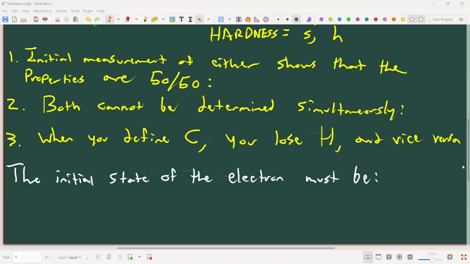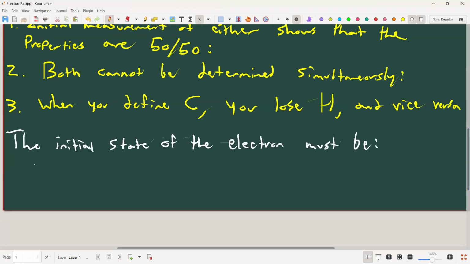It must say that the initial electron, but we'll just kind of write it as the initial electron before anything happens, must be simultaneously black and white. So the initial electron, if we were to represent it as a function or something, just a label, it's not that the electron is black, 50 of them are black and 50 of them are white, but they're all black plus white.